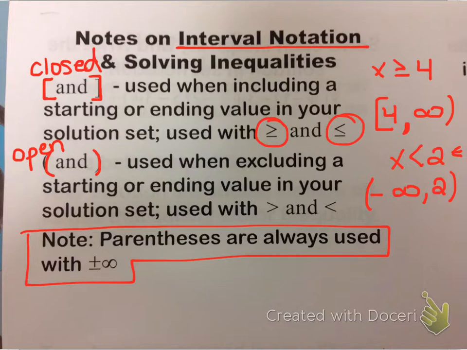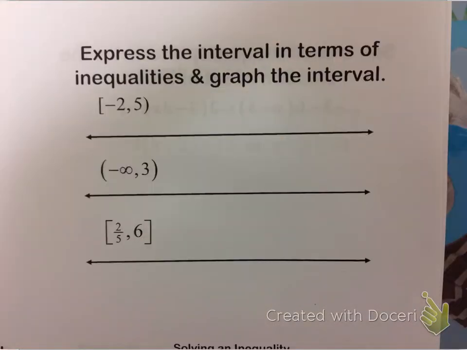Okay, so that's just a different way of writing an interval of solutions to things. So if I wanted to express these intervals in terms of inequalities and then practice graphing them so that we can go back and forth between the two forms, this right here, and I'm just going to use x. They didn't specify a variable, but I, of course, always use x when I need to.